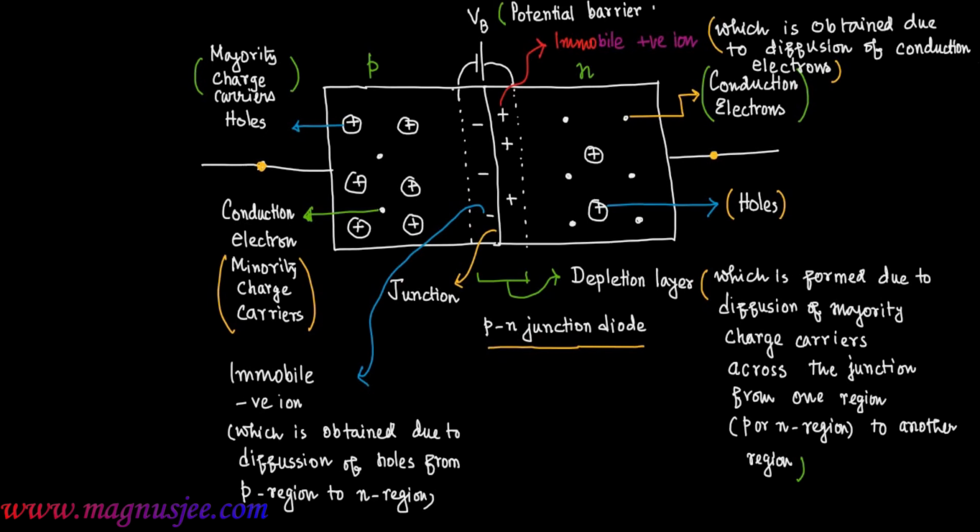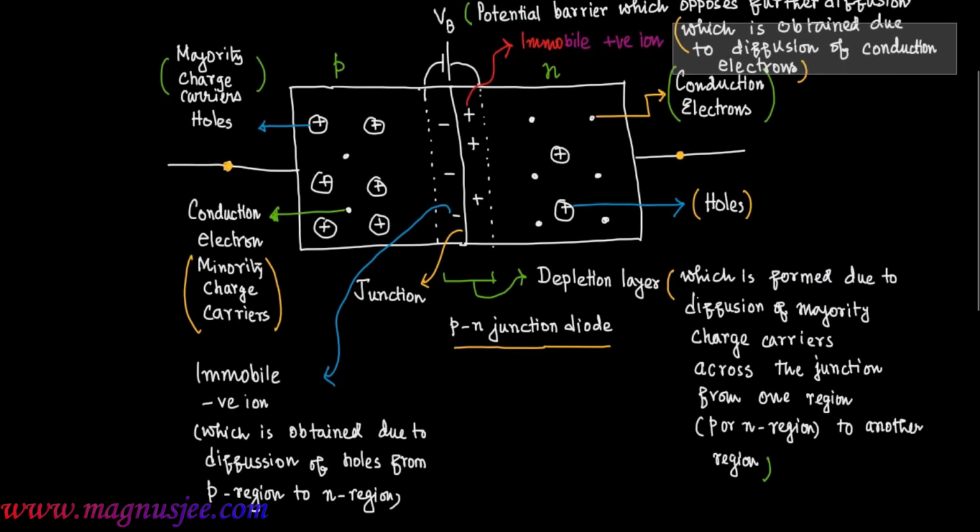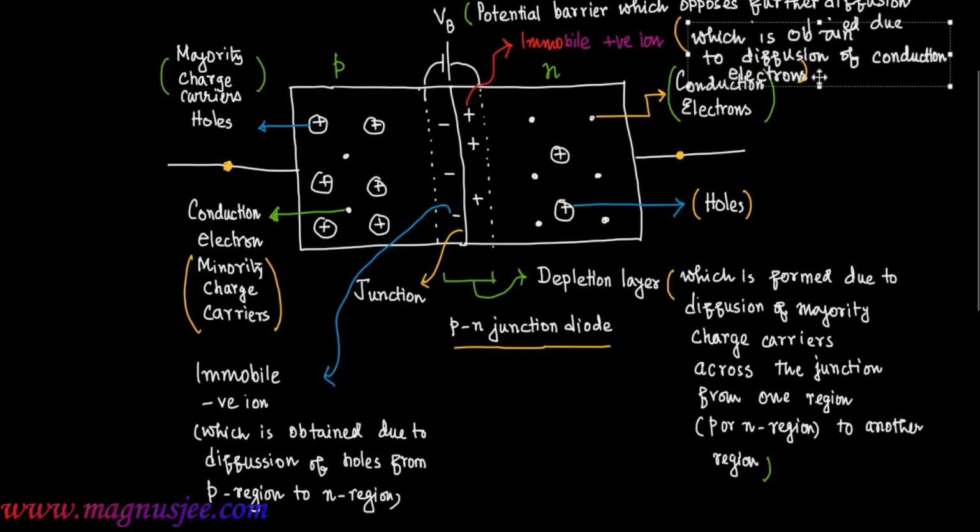Potential barrier means that which opposes further diffusion of what? Holes or conduction electrons, from the p side to the n side or the n side to the p side?